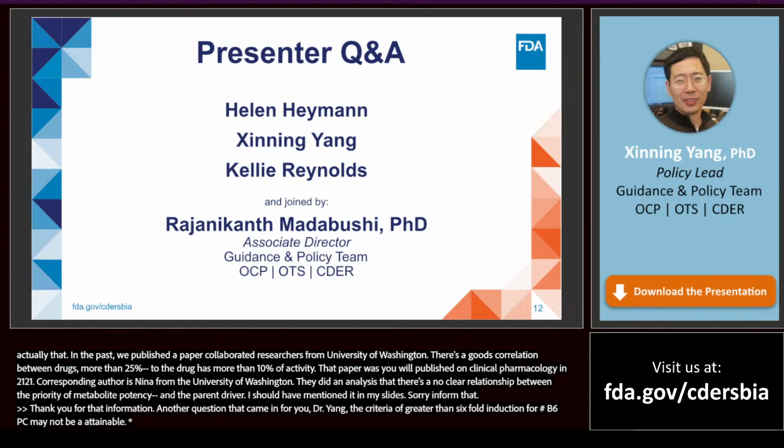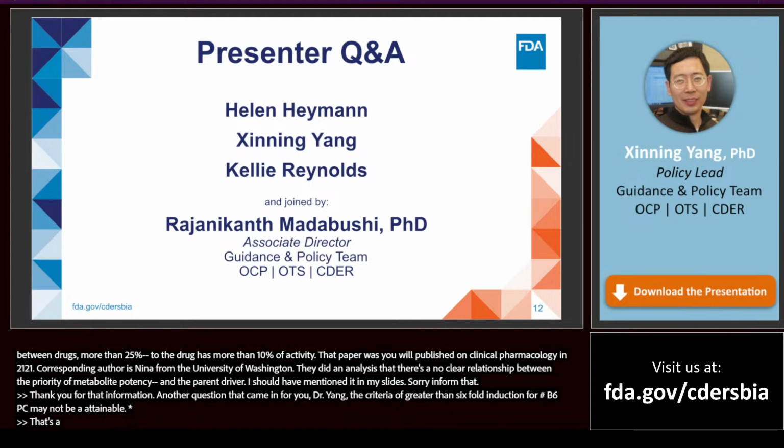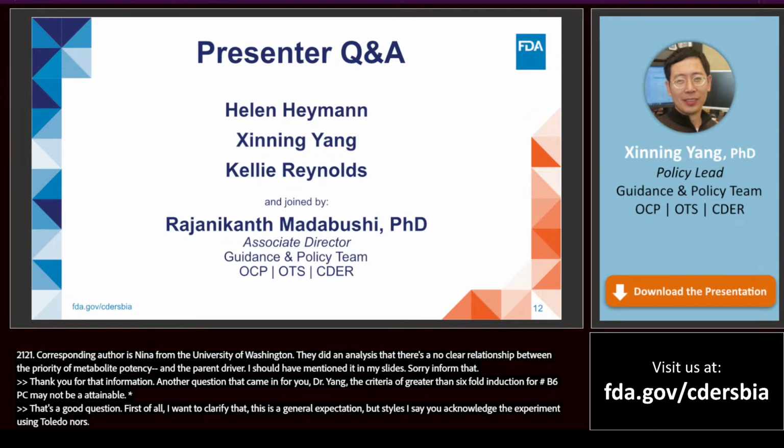That's a good question. First of all, I want to clarify that this is a general expectation. Usually we conduct this experiment using 3 donors. If 2 donors have a response to the positive control more than six-fold, and the other donor less than six-fold, it doesn't necessarily mean we have to add 1 more donor.